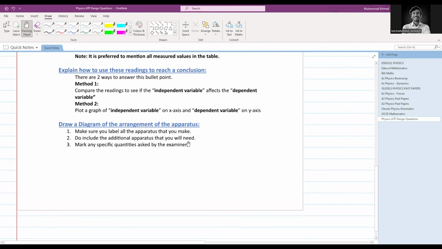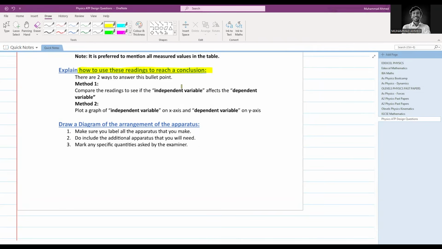Lastly, in the design questions, the examiner will ask you to tell how these readings are used to reach a conclusion. Whenever you are asked how you will use these readings to reach a conclusion, you will say compare the readings of the independent variable with the dependent variable and see if the independent variable affects the dependent variable.